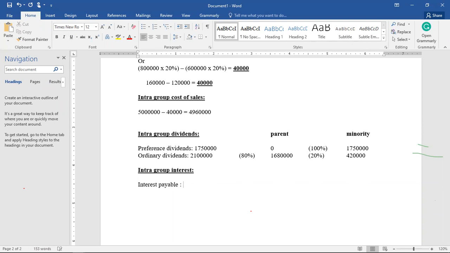When you go to the question, debenture interest payable by the subsidiary is 6 million.